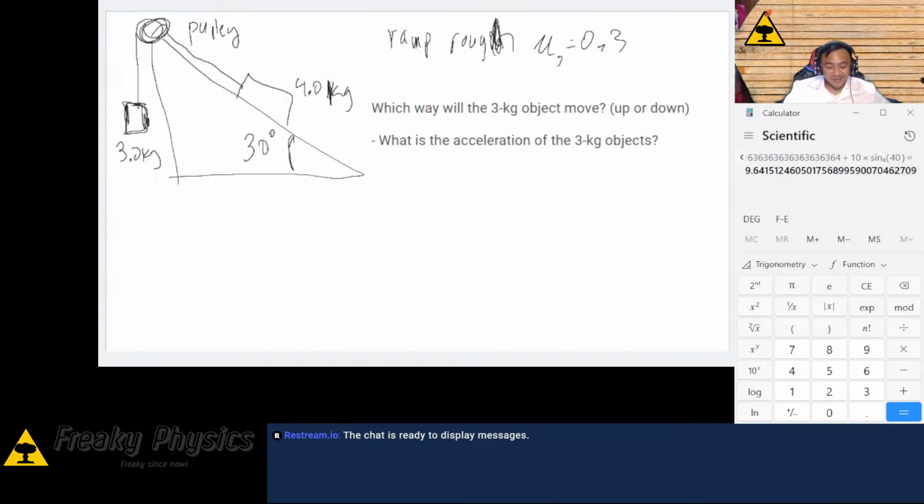No, but there is a third force on X. Is it the string? Exactly. Okay, all right, so from here we get this.